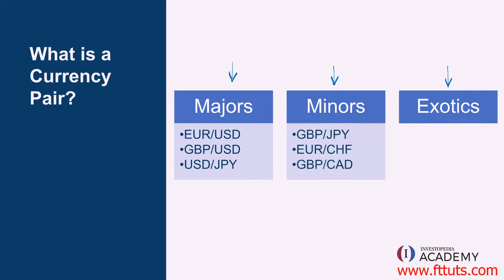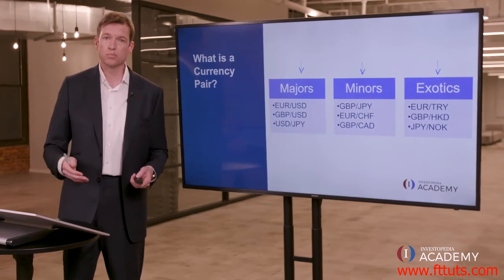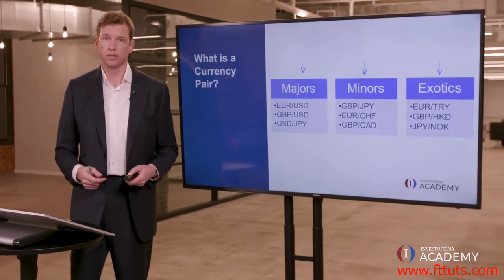The minors are oftentimes crosses that don't involve the dollar but are still relatively actively traded, so the pound to the yen, for example. And the exotics may include currencies from emerging markets or emerging economies, as well as those that just are not as actively traded. Take Scandinavian currencies, for example. They may fall into the category of exotics. They do tend to be more expensive to trade than those in the majors because the majors are more liquid.